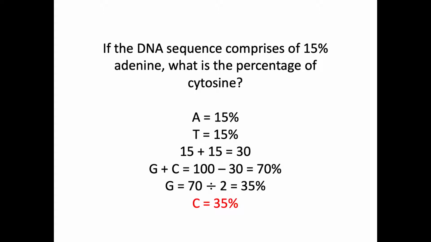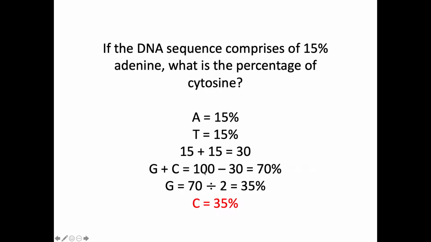Okay, so based on Chargaff, we know that if the amount of adenine is 15%, then thymine has to have an equal percent as well because they always base pair with each other. So adenine is 15%, thymine is 15%. You add those two together and you get 30%. The rest of the DNA sequence will be made up of guanine and cytosine.